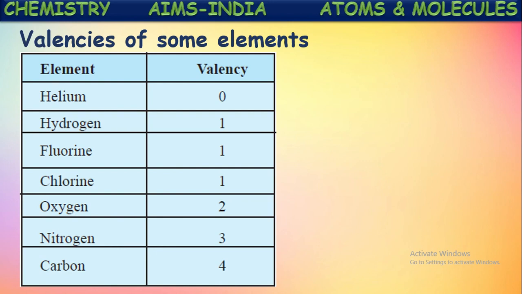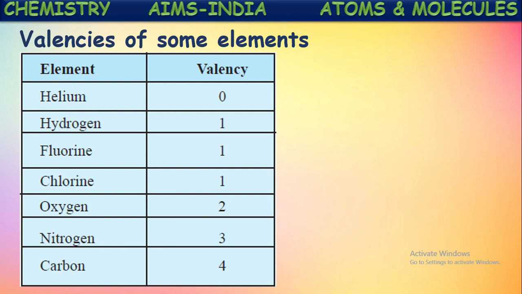So based upon the valency, its atomicity is dependent. Valence electrons means the electrons present in the last shell or outermost shell of that element. Based upon that, valency will vary from one element to another because we are talking about the combining capacity of the element. So based upon the number of valence electrons, this combining capacity will vary.